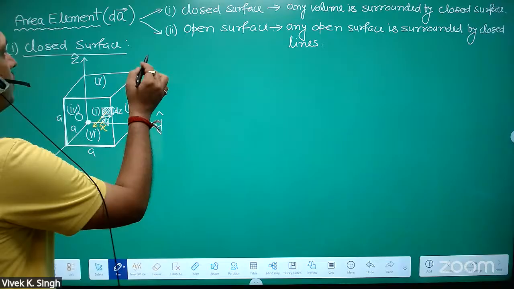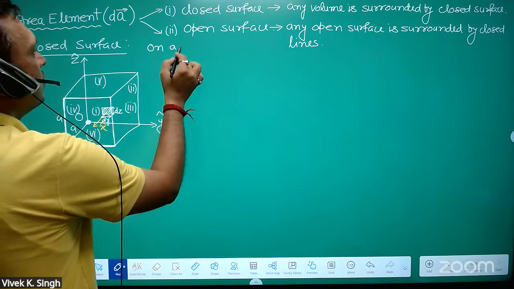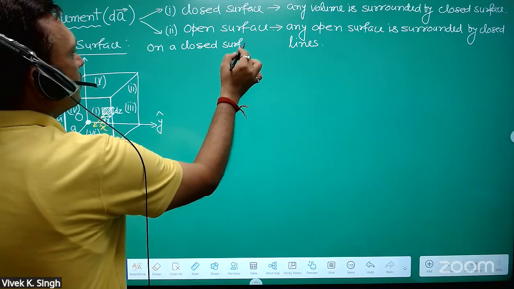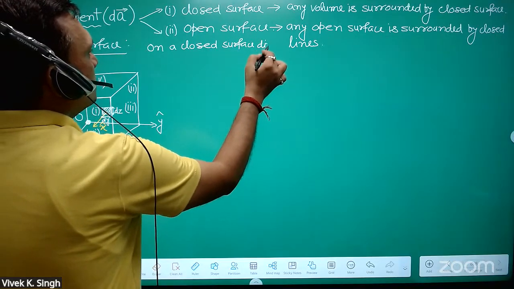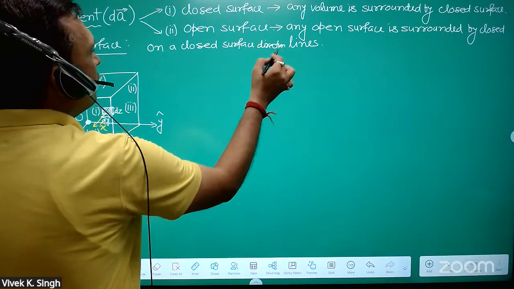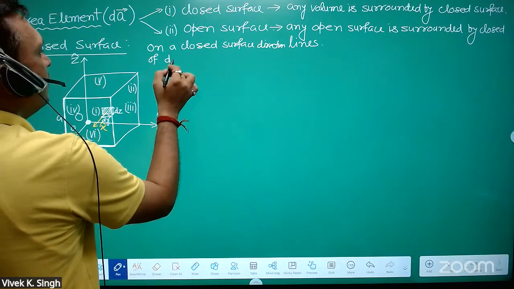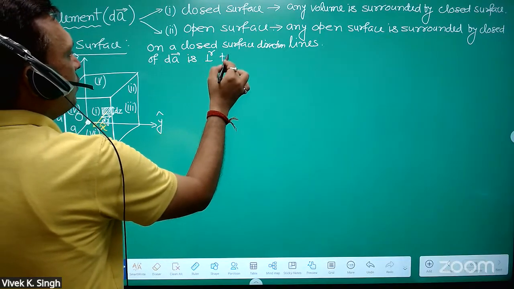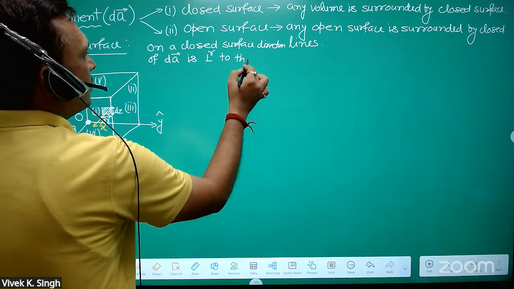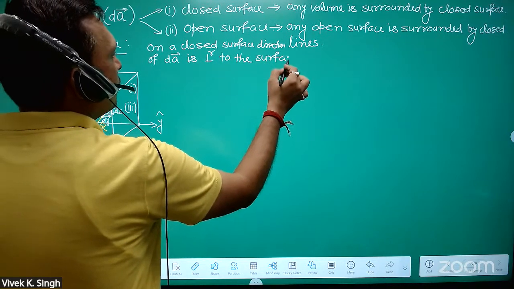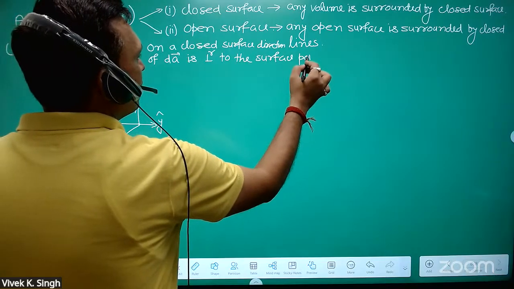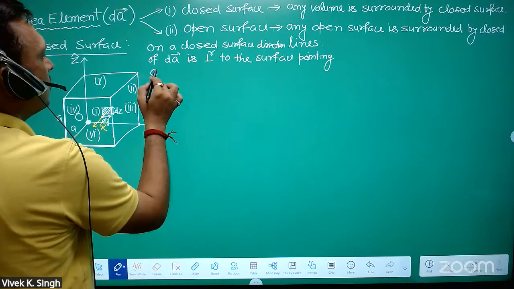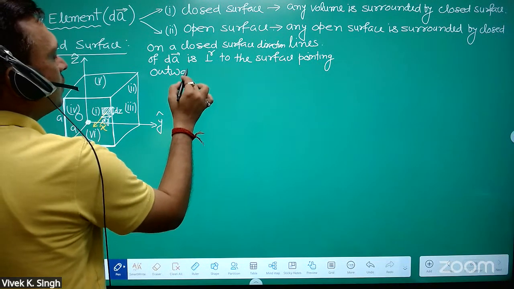So on a closed surface, the direction of dA is perpendicular to the surface, pointing outwards.